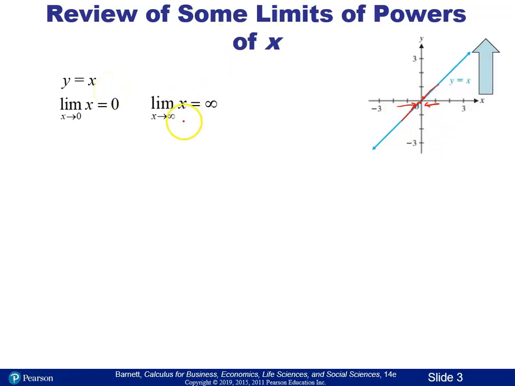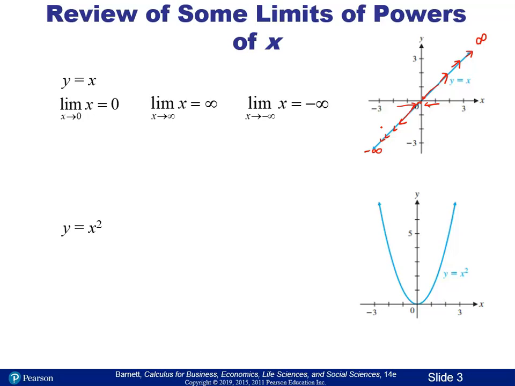If we're going, as x goes to infinity, that means we're following it up this direction. So we're continuing to go higher and higher, going to infinity. By the same token, if we're going in the negative direction down this way, we're going down here to negative infinity.